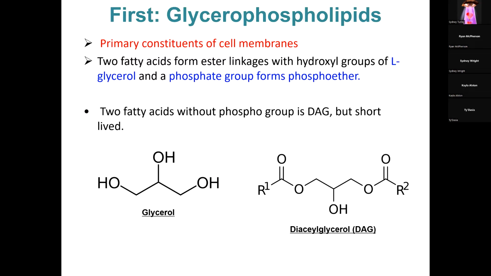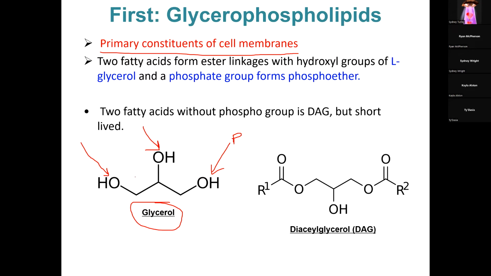So, like I said, a primary constituent of the cell membranes. 2 fatty acids join onto a glycerol molecule, and then a phosphate group joins onto the last of the 3 alcohols.